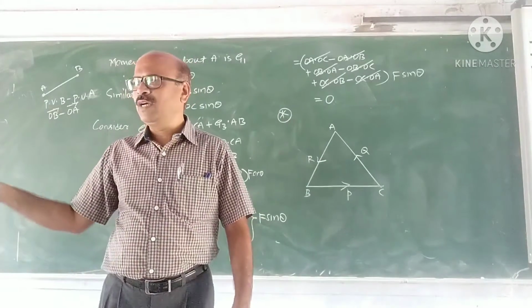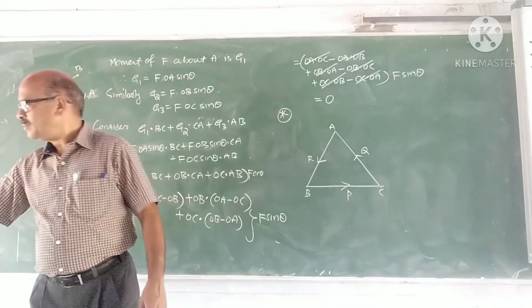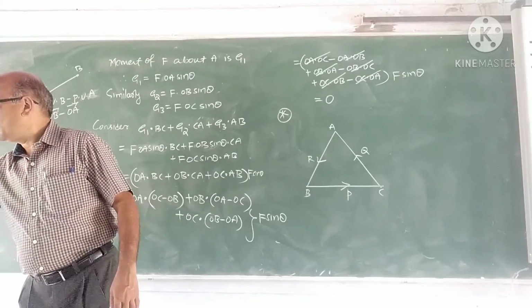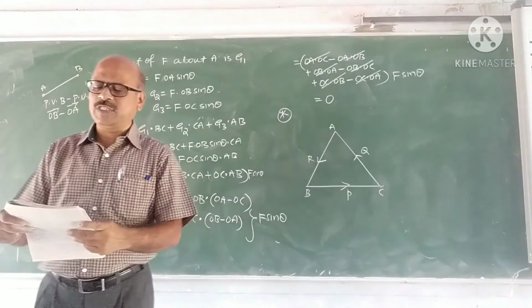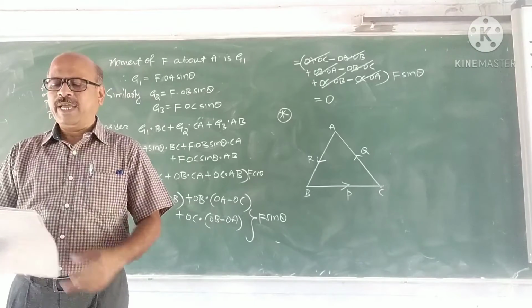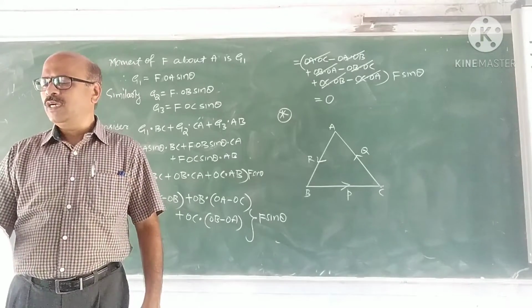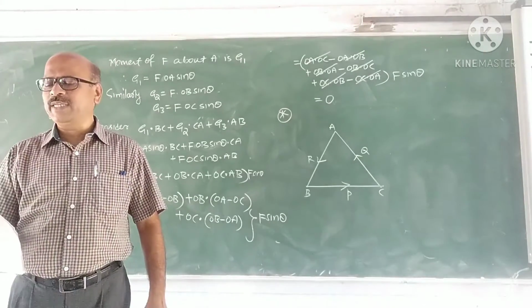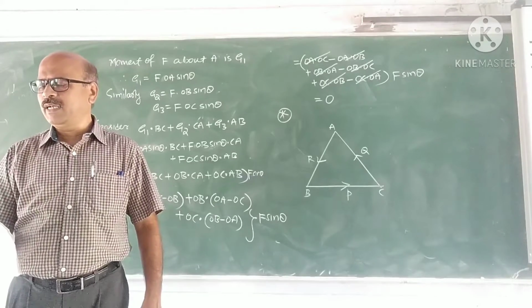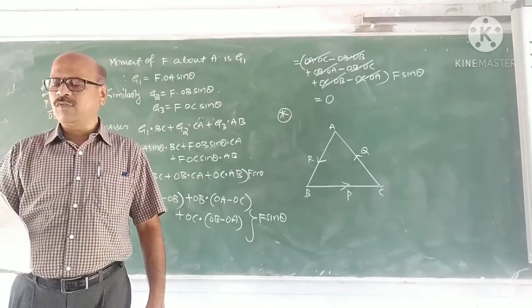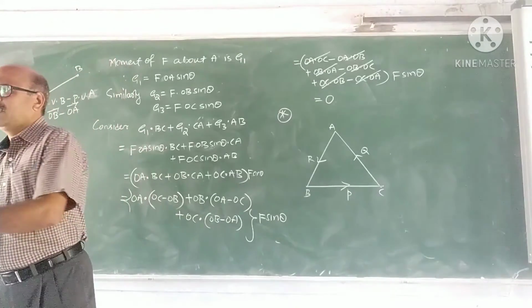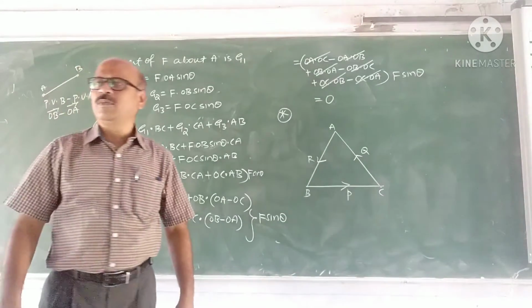I will repeat this. If three forces acting on a rigid body can be represented in magnitude, direction and line of action by the sides of a triangle taken in order, they are equivalent to a couple whose moment is equal to twice the area of the triangle.